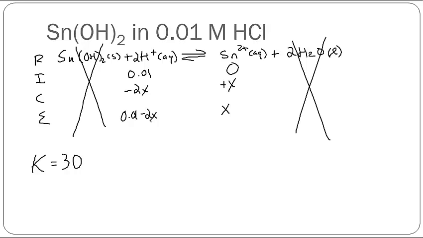So my overall K expression for this reaction is just the tin ion over H plus squared. So 30 equals x over (0.01 minus 2x) squared, which is a quadratic.